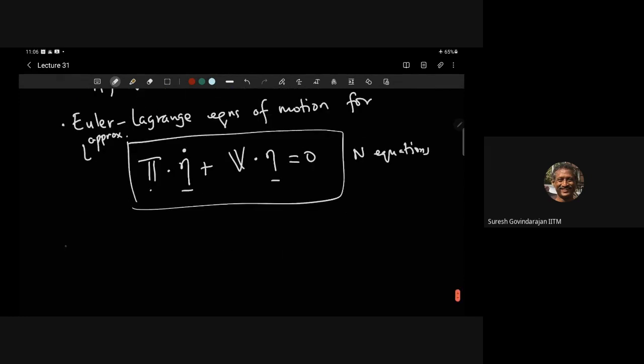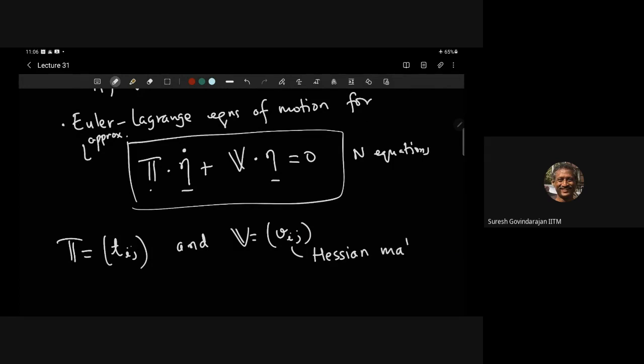And if you recall, T was just this matrix, which I call Tij, and V was the second derivative evaluated at this point, so we'll just call it Vij, its matrix elements. So this is the Hessian matrix, the matrix of second derivatives evaluated at the fixed point.